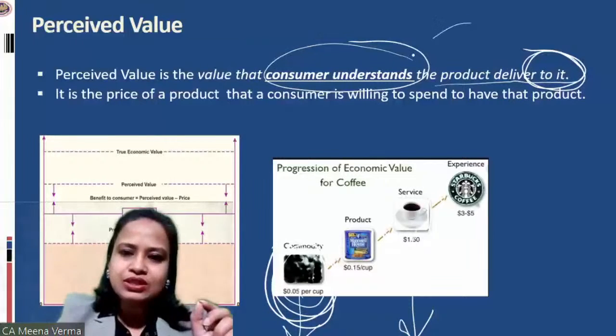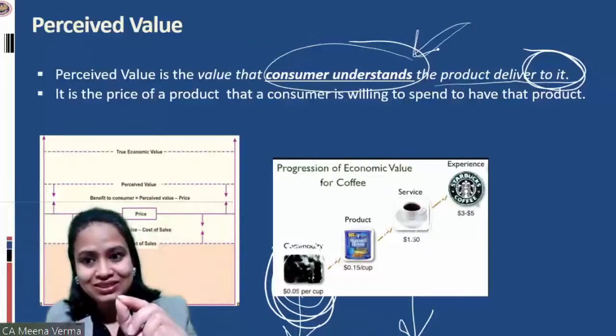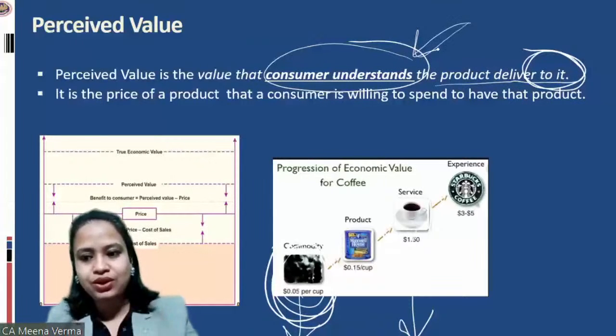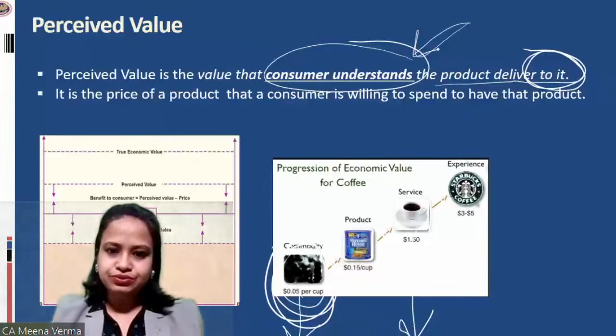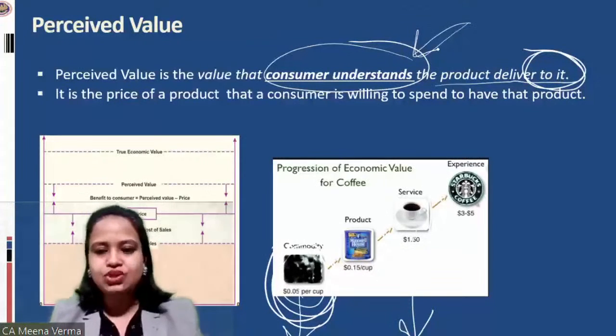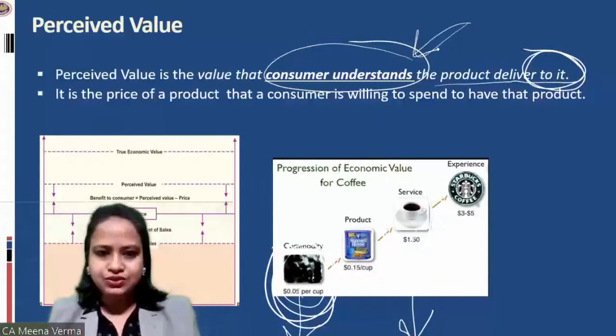Now remember, this is a line which we have underlined: the consumer understands that you are giving them benefit, and that is why the consumer is willing to pay you. I hope you understand, and with the help of this you will decide the price for the product which you want to sell in the market.